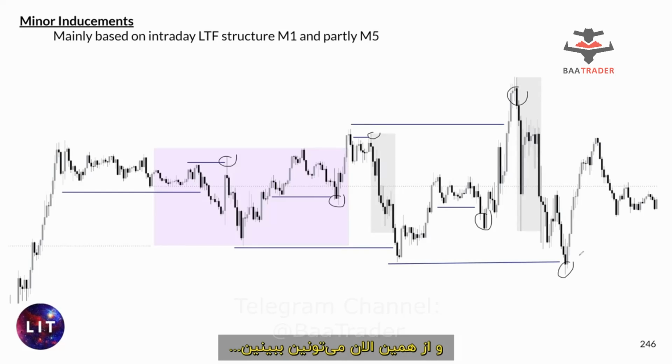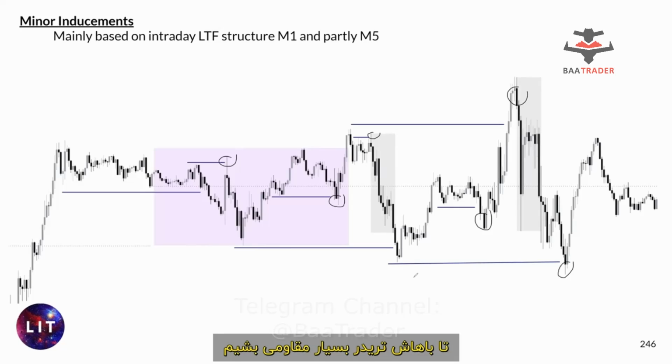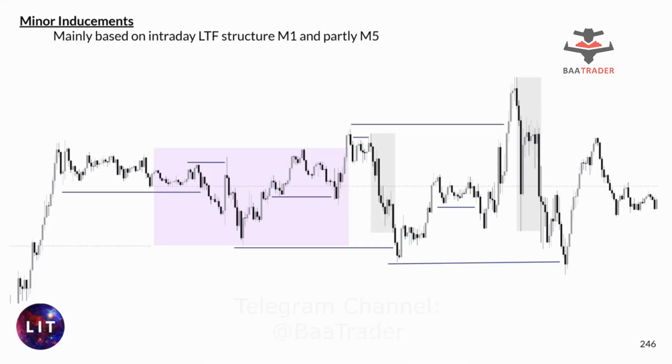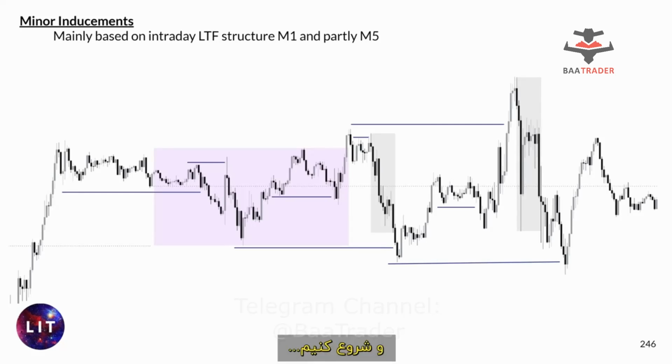Already you can start seeing how we can use these inducement concepts to get very solid trades out of that, right? But that's not even nearly enough to start trading. It's just to understand the bigger picture aspect of it. So now we can add more to it and start. Oh, why does it not work?